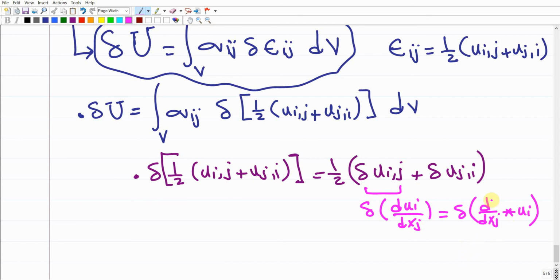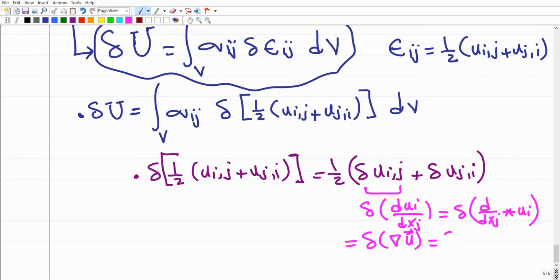If we are already working in the vector notation, this delta should be delta nabla, which is the gradient operator, times u, which is the displacement vector, right? So if you decided to apply the derivative, this is like the derivative of the multiplication of two functions, but in fact this is the first variation of the multiplication of two functions.